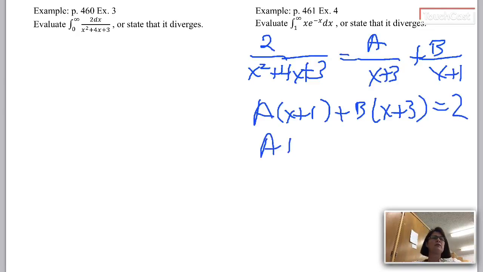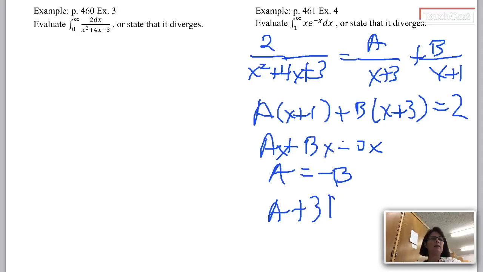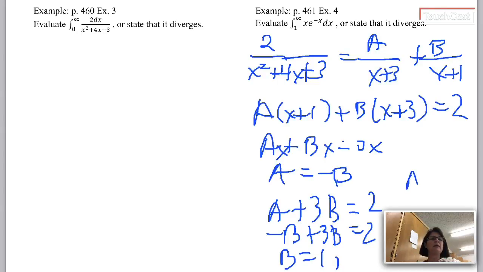So ax plus bx equals 0x, so a equals negative b. And I know that a plus 3b equals 2. A is negative b, so negative b plus 3b equals 2. 2b equals 2, so b equals 1. And a is going to equal -1.